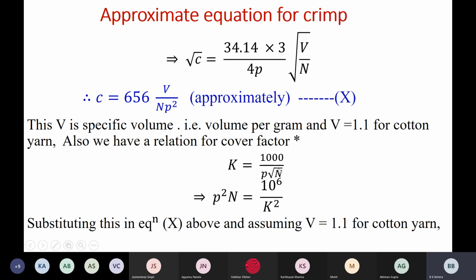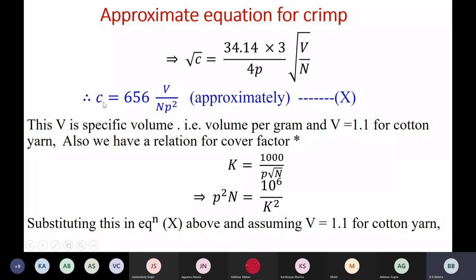And if you substitute the value for this P into root n here, just square it, then you will find P square n is equal to this much, and substitute this P square n in this equation x. So P square n is substituted by 10 to the power 6 divided by K square, and V is equal to 1.1 for a cotton fabric.